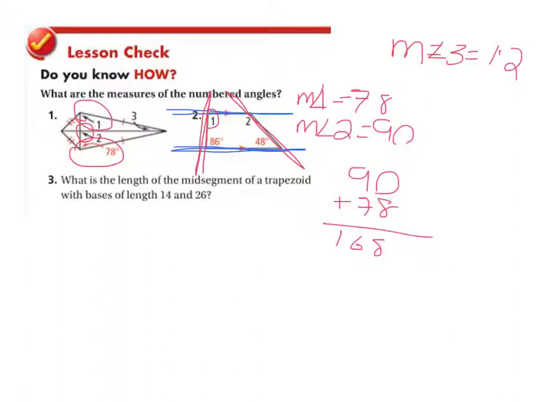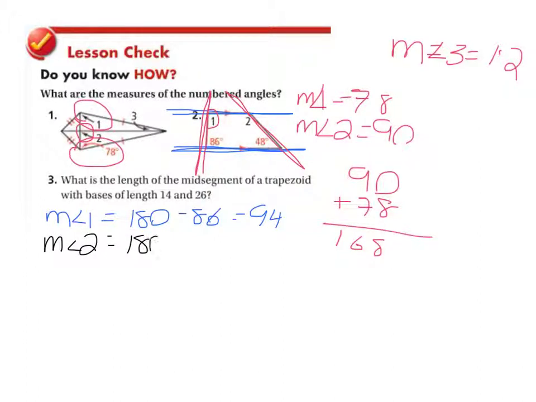So the measure of angle 1 is going to be 180 minus 86, which is going to give you 94. And then the measure of angle 2 is going to be 180 minus 48, which is going to give you 132. All right, that takes care of 1, takes care of 2.